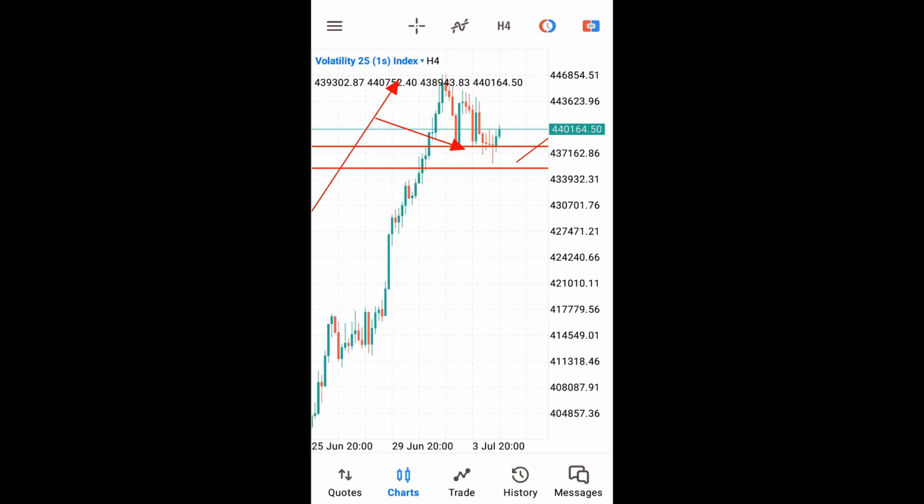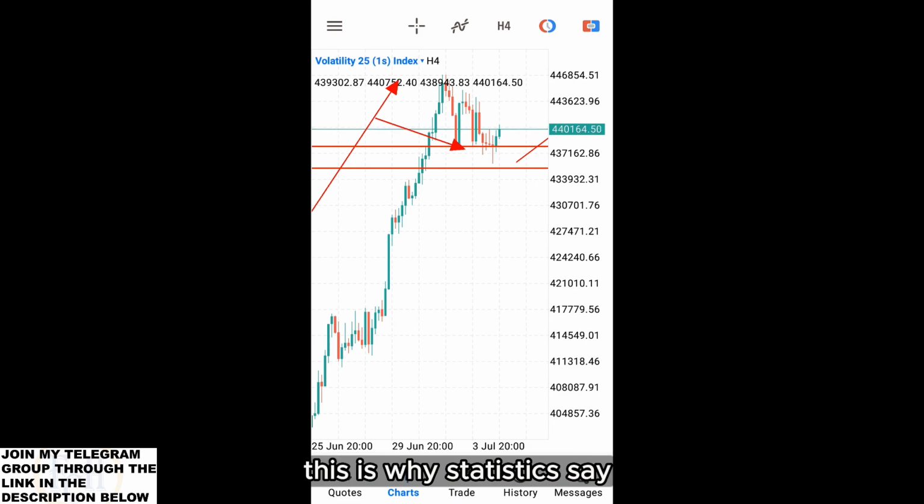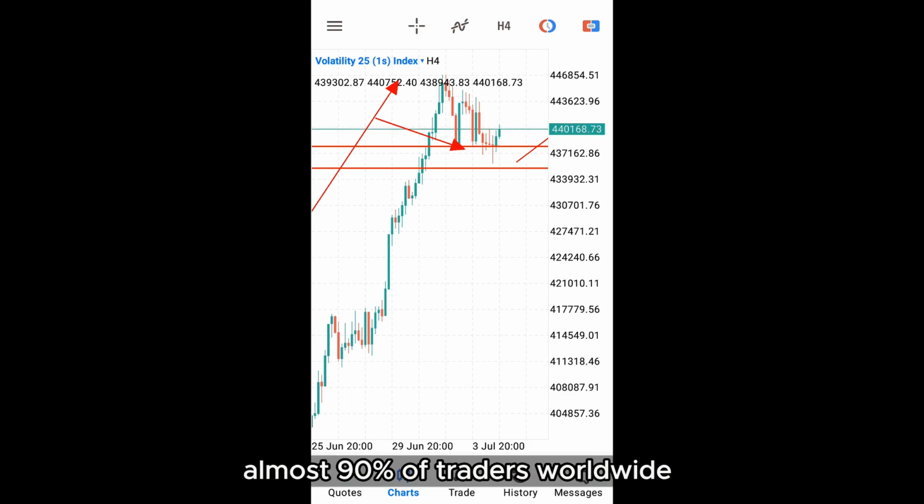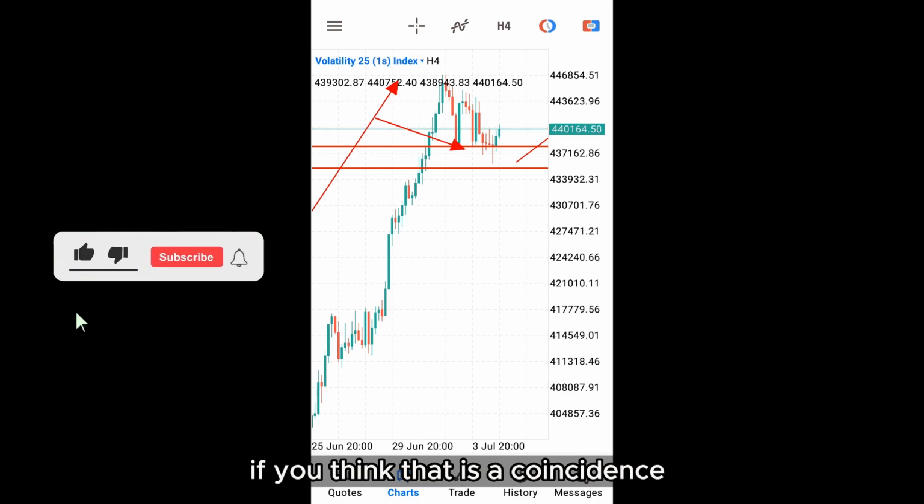Since many just read in the books that the Doji is a reversal and end there, almost 90% of traders will enter these kinds of trades hoping for a reversal and miss out on the most important information, and come here to say, oh, everything does not work, Forex is a scam, blah blah blah, I doubt even people make money in Forex, all this is fake. Those are words from a loser. And guys and girls, this is why statistics say almost 90% of traders worldwide never get profitable. If you think that is a coincidence, then I have some bad news for you.